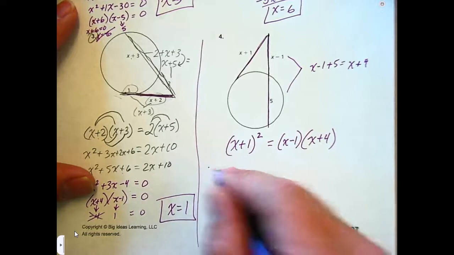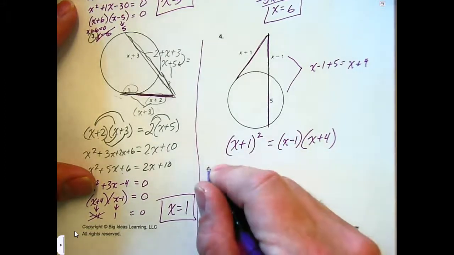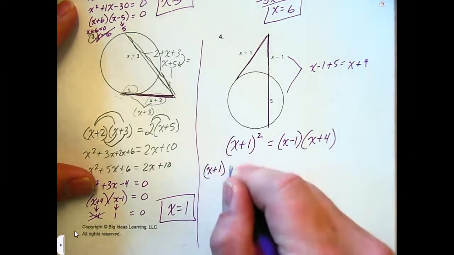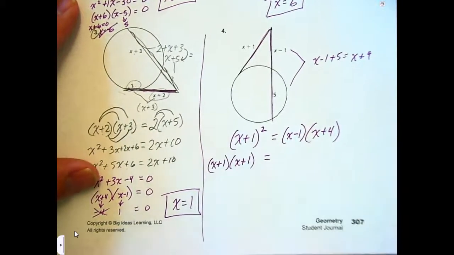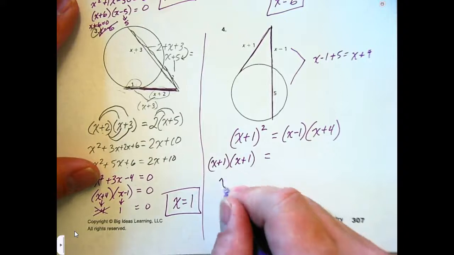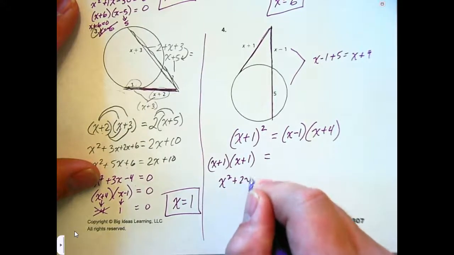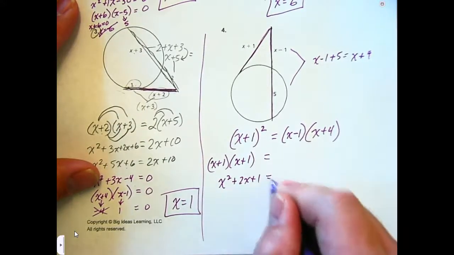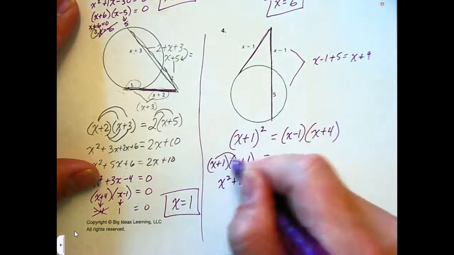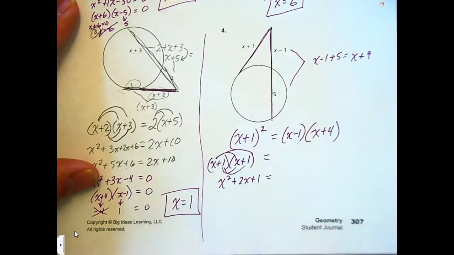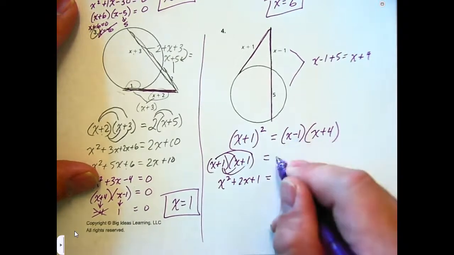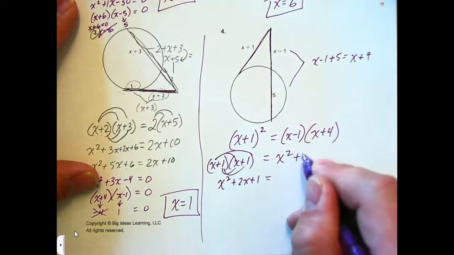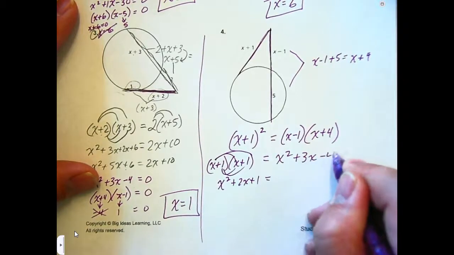X plus 1 squared is not just x squared plus 1. It is x plus 1 times x plus 1. X plus 1 times x plus 1 is x squared plus 2x plus 1. That's where you do your FOIL, or distributive property there. This one is x squared plus 3x minus 4.